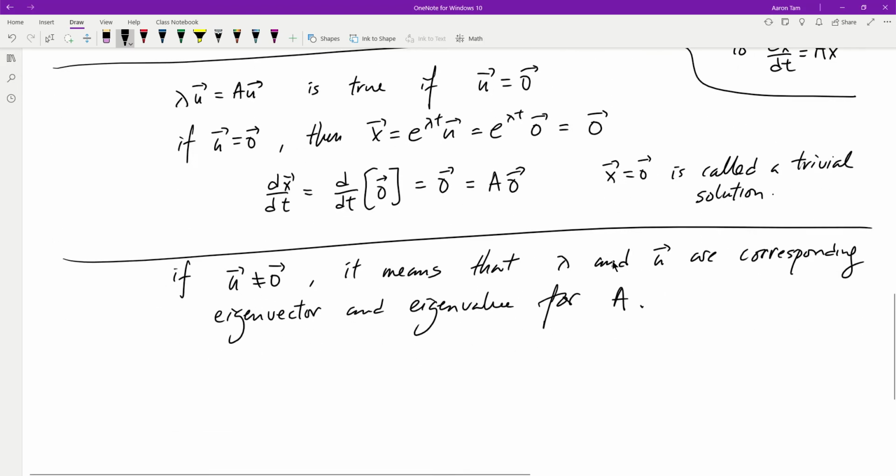That's pretty interesting, because we know how to find eigenvalues and eigenvectors, provided that we have an n by n matrix. So that's a very important revelation.